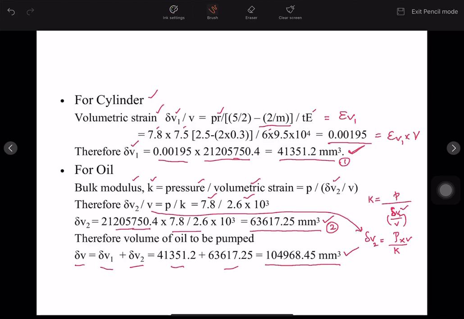The only thing which you need to observe here is why we are calculating the two volumes, I mean the change in volume of the cylinder and the change in volume of the oil. Initially the cylinder is filled with oil completely, right?